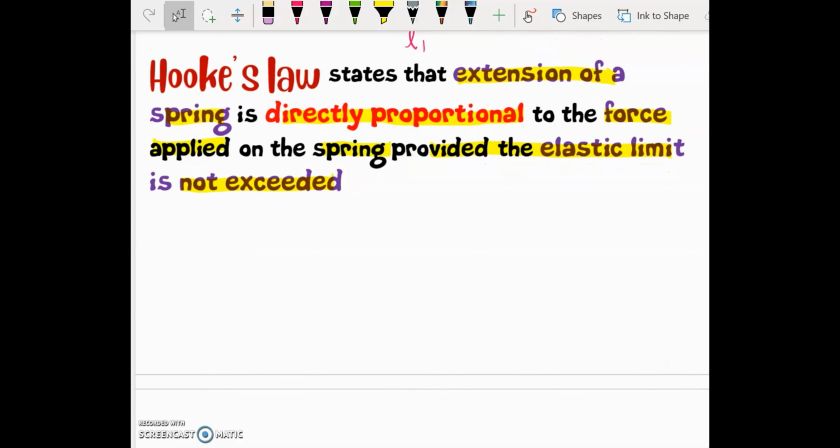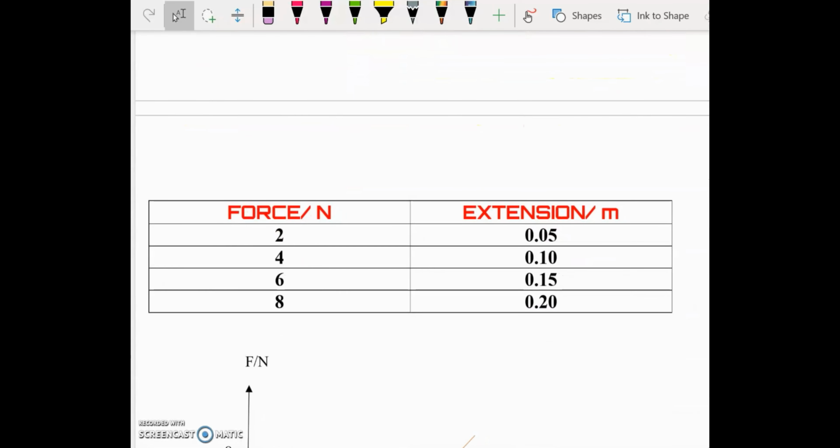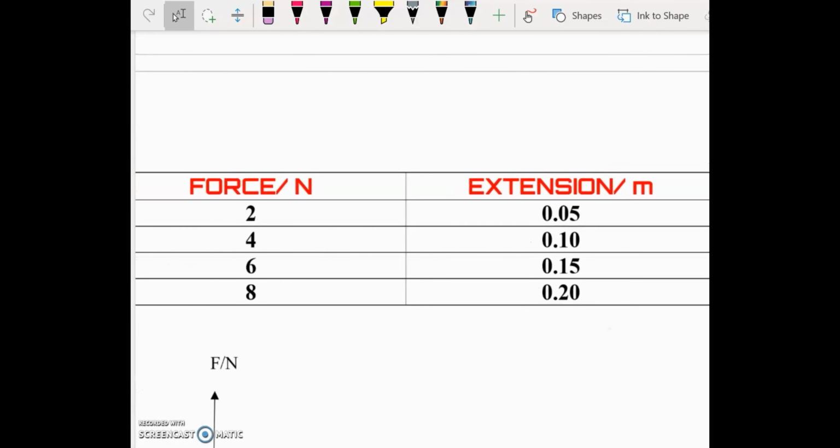Okay, for example, let's say we've done the experiment and this is the data that we obtained. 2 Newton, extension 0.05, 4 Newton, extension 0.1, and so on. So from the data here, we can observe that for every 2 Newton, extension will increase by 0.05 meter.